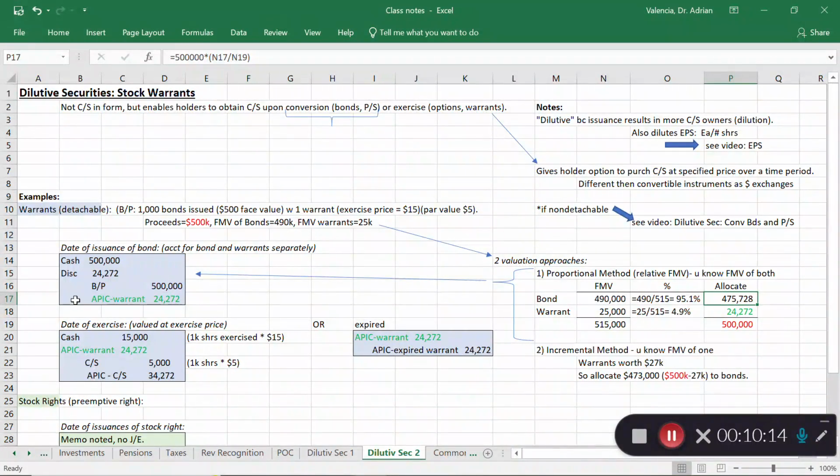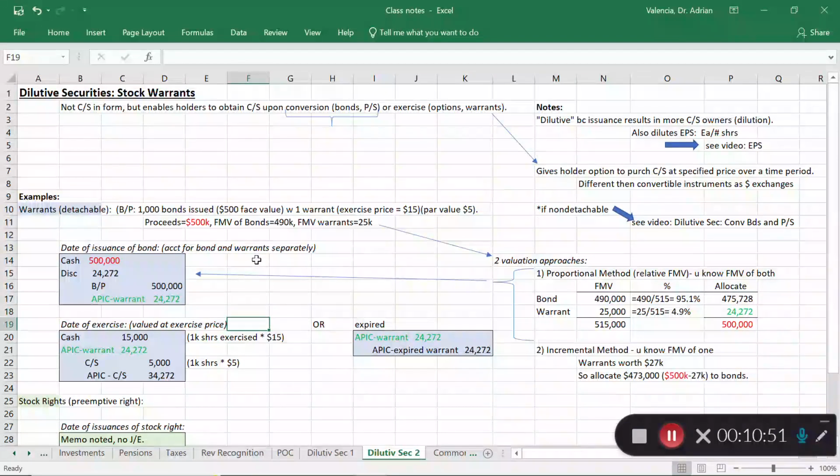So the value of the warrants is 24,272, and the bond payable of 500 minus its discount of 24,272 gives me the valuation I need so that this journal entry accounts for the $500,000 of proceeds. Let me color this in red so we are consistent in understanding that that 500,000 is what we receive.